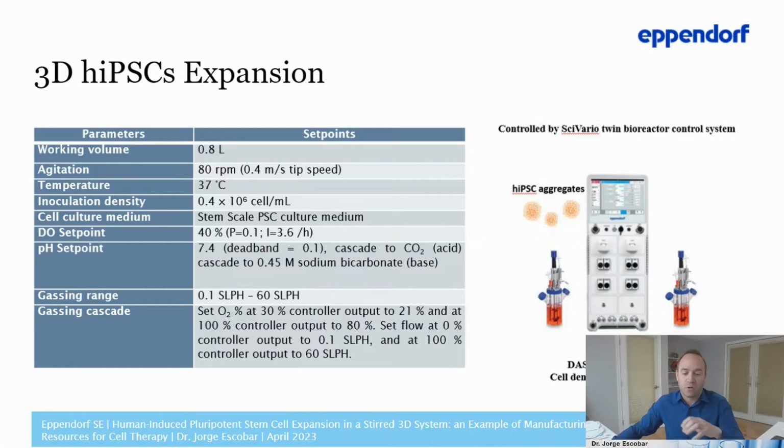And also we have included 2 addition ports in each vessel head plate, one for base addition, in this case sodium bicarbonate, and the second one for the addition of anti-foam, that in this case is Pluronic F68 surfactant.